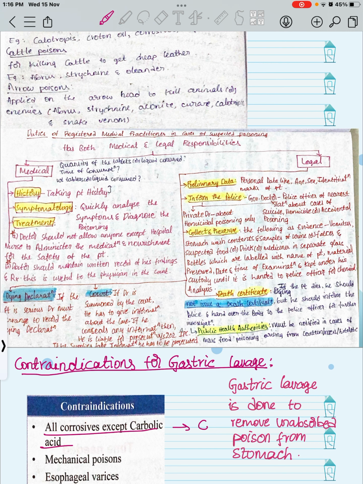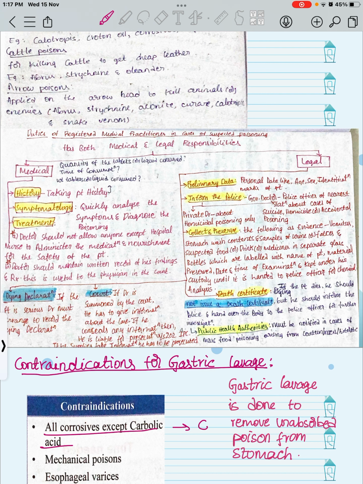He can maintain professional secrecy of the patient, and if he is a government doctor, the police officer of the nearest station should be informed about cases of homicidal, suicide, accident, or any accidental poison.